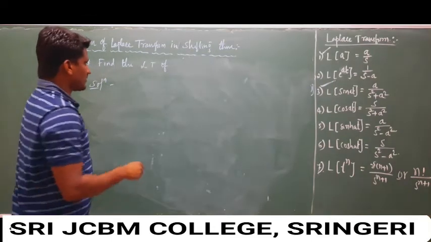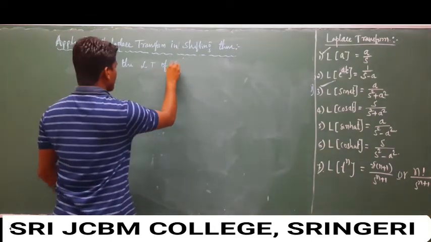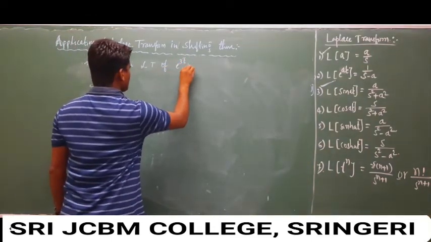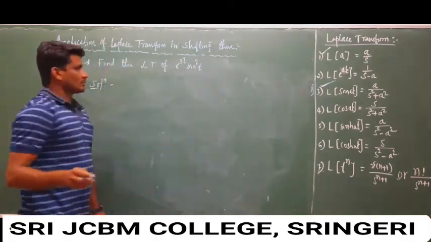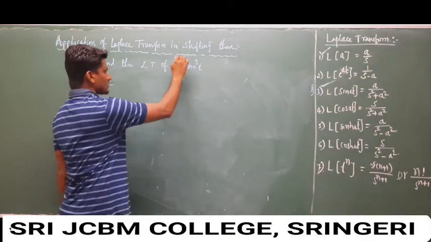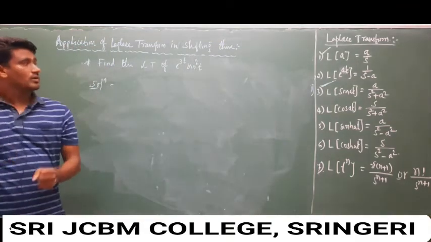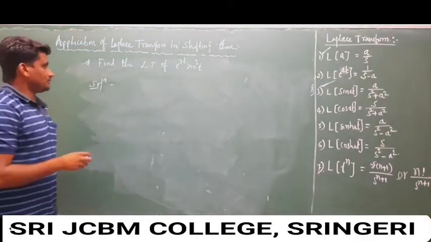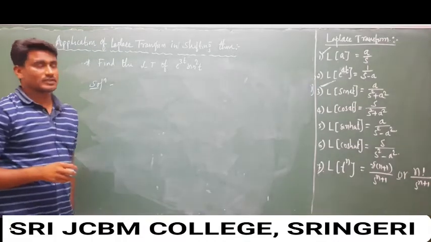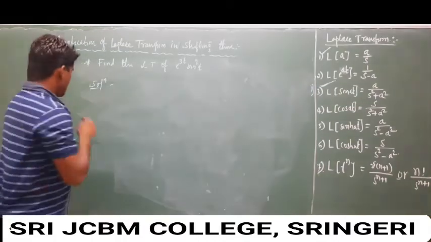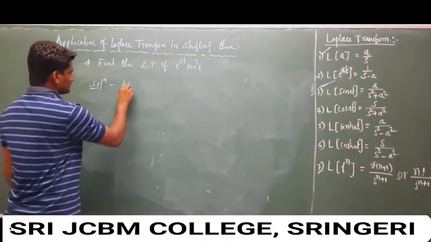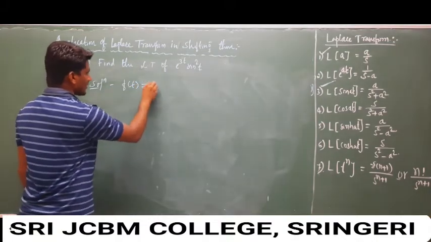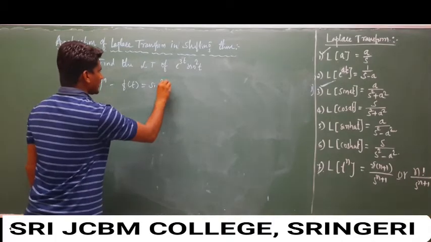Find the Laplace transform of e to the power 3t sin square t. With the help of the first shifting theorem, we have to solve e to the power 3t sin square t. Look here, our f of t is nothing but sin square t.